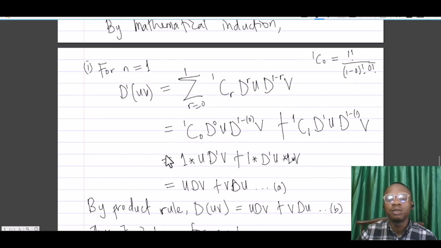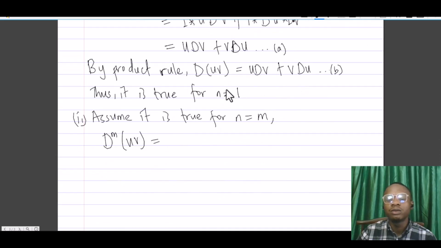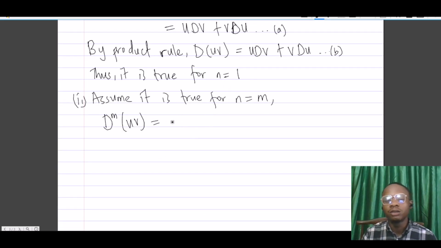In this case, we replace n by m in the formula. So this is going to be equal to the summation from r equal to 0 up to m of m combination r, then the rth derivative of u, then the (m minus r)th derivative of v.